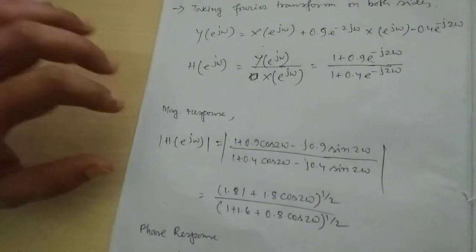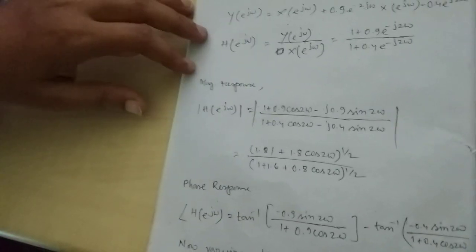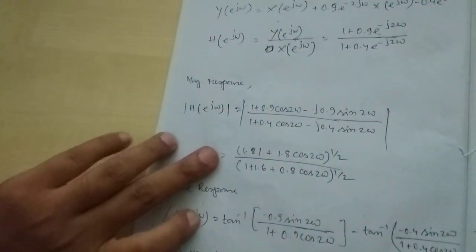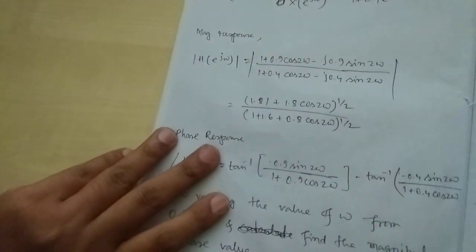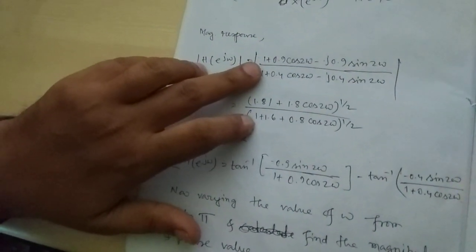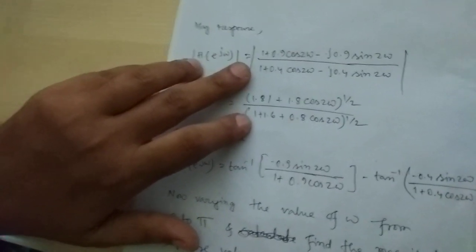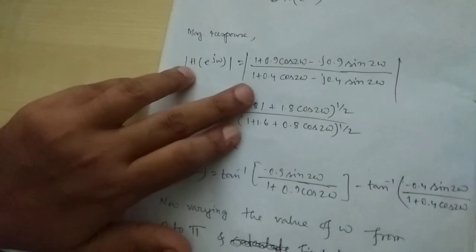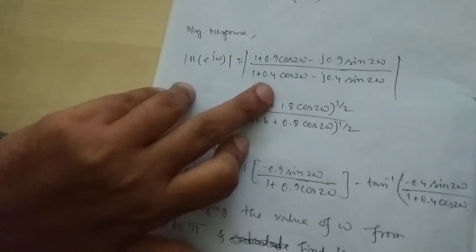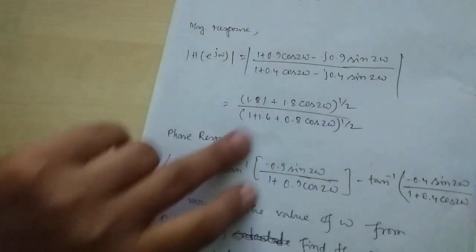Now for finding the magnitude and phase response of the system, you first take the modulus of this system. After taking the mod, your equation comes like this. In the numerator part, 1 plus 0.9 cos 2 omega minus j 0.9 sin 2 omega, divided by 1 plus 0.4 cos 2 omega minus j 0.4 sin 2 omega.